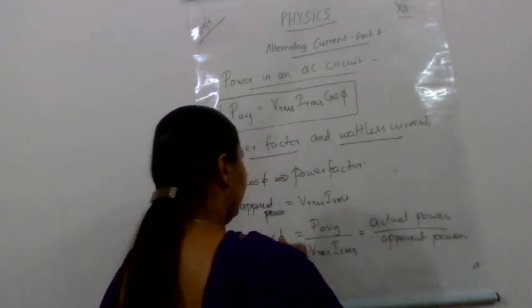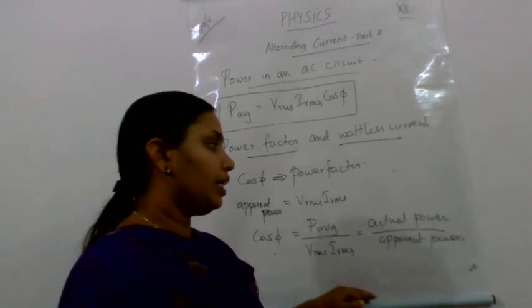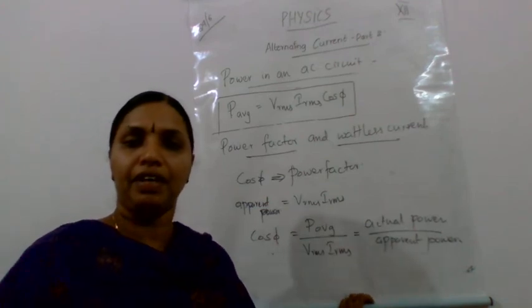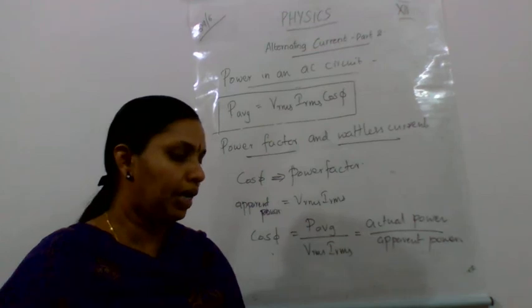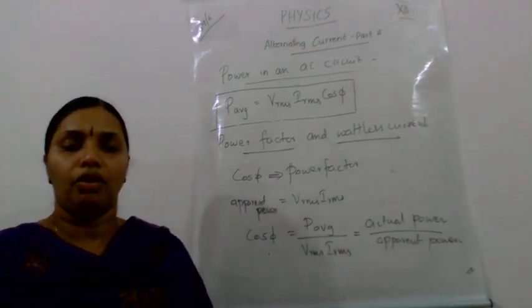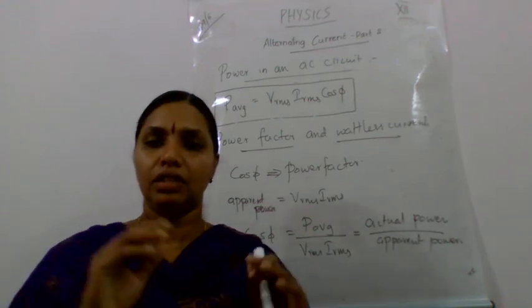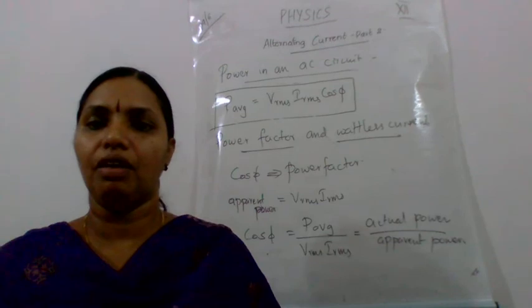So how can we define this cos phi? Cos phi is the ratio between the actual power and apparent power, or power factor may be defined as the ratio between the actual power and apparent power in an AC circuit over a complete cycle. All these things we are explaining for one complete cycle of AC.